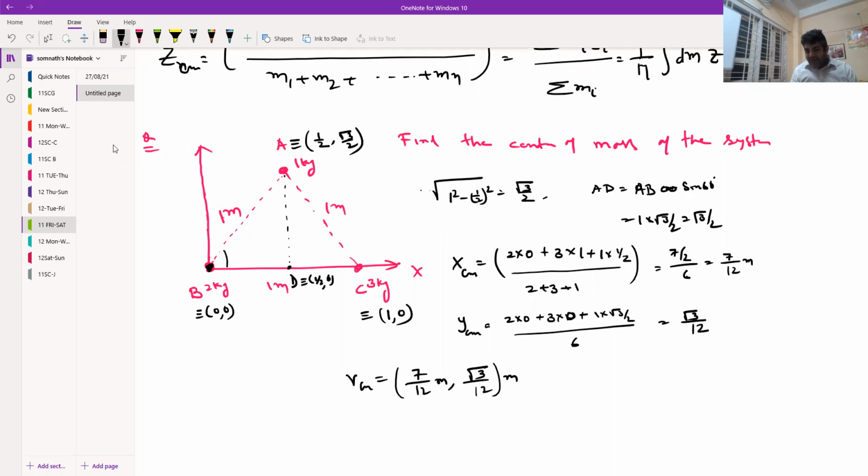I can write in that way, or I can write in that way also. This is the coordinate form. Or we can write R is equal to 7 by 12 i plus root 3 by 12 j meter, right? Coordinate or position. Understand, everyone?